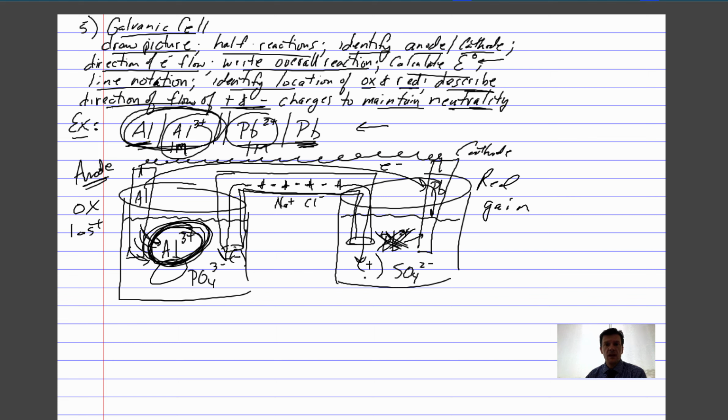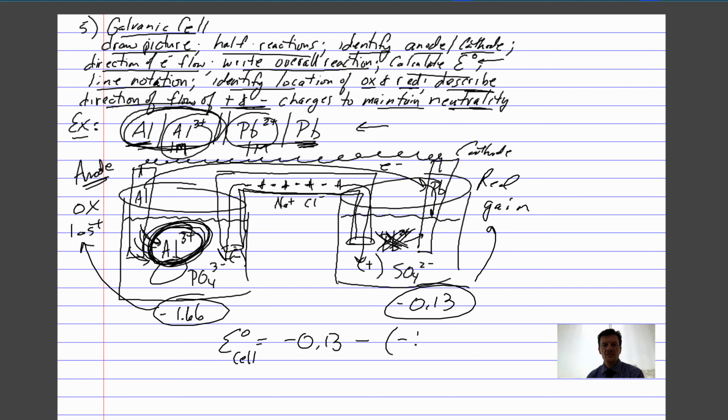How do we calculate the E cell here? Well, I think I gave you the values before. I'm trying to remember. I think it was 0.13 and negative 0.66. So the larger value is the reduction side. The smaller value is the oxidation side. To find E cell for this galvanic cell, you always just take the larger number minus the smaller number, exactly the way they're given to you on the table.